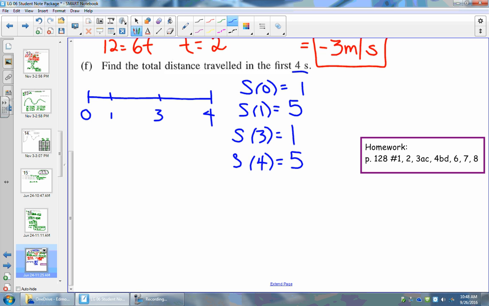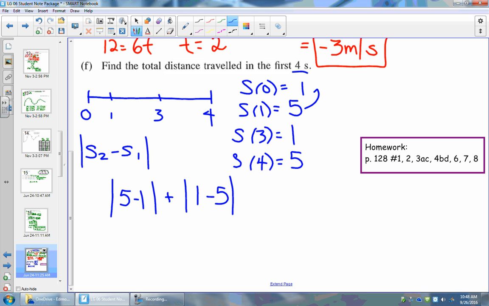Now, thinking back to how we did that last question in the first lesson, remember how we had s2 minus s1? Because we're talking distance, we know our answer is going to be positive regardless. So we're going to have 5 minus 1, plus 1 minus 5. All I'm doing is subtracting the previous one, right?